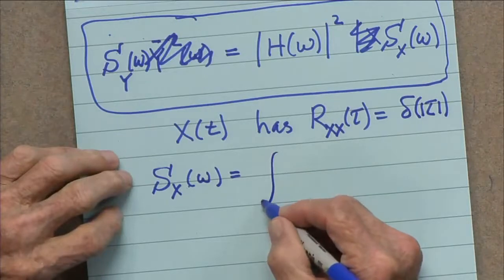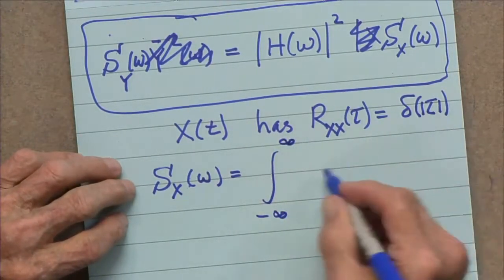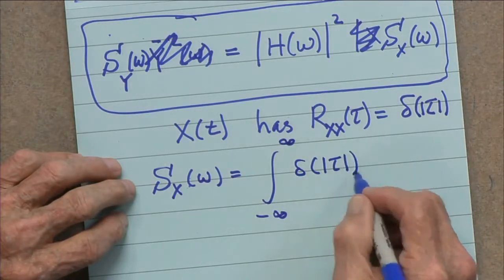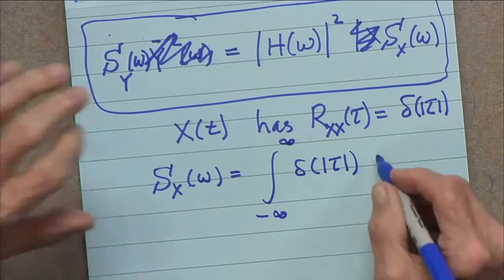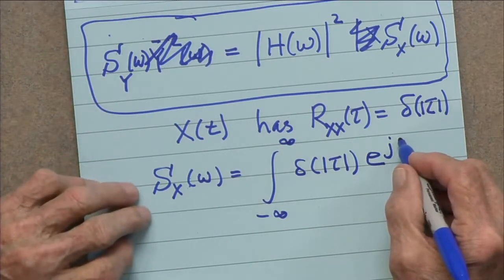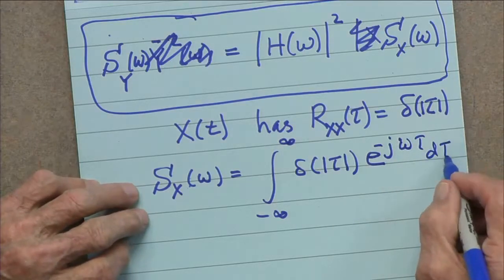And that is the integral from minus infinity to plus infinity of delta of tau e to the minus j omega tau d tau.